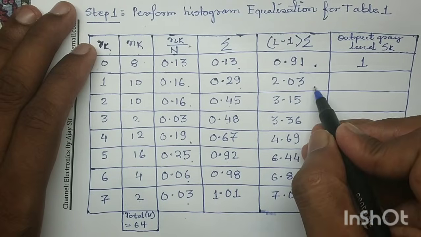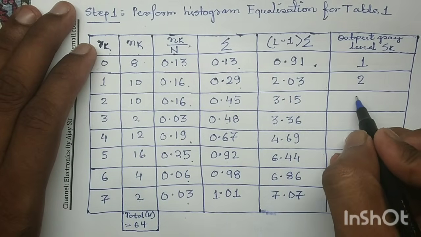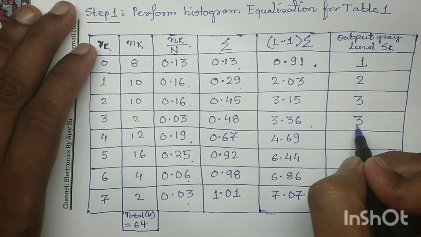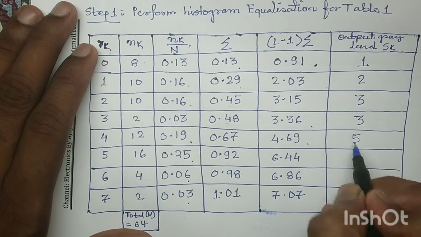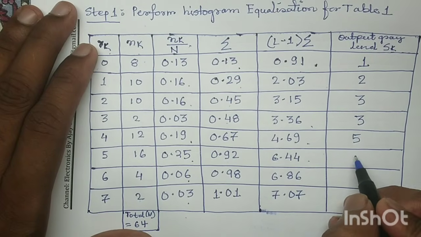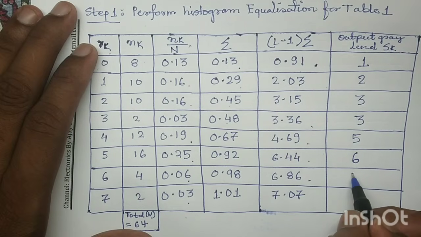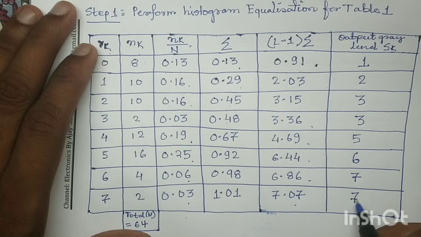For 2.03, the nearest integer is 2. For 3.15, the nearest integer is 3. For 3.36, the nearest integer is 3. Similarly, for 4.69, the nearest integer is 5. For 6.44, the nearest integer is 6. For 6.86, the nearest integer is 7. And similarly, for 7.07, the nearest integer is 7.